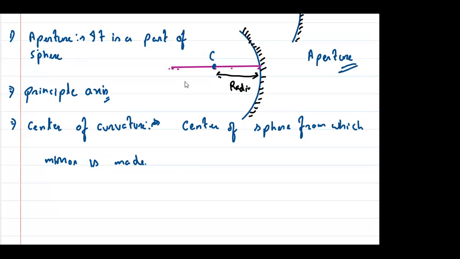Okay. Yes, very good. So the distance between the center and this point is called the radius. So next is what? Radius of curvature. Now curvature is this portion only. This is aperture or curvature.